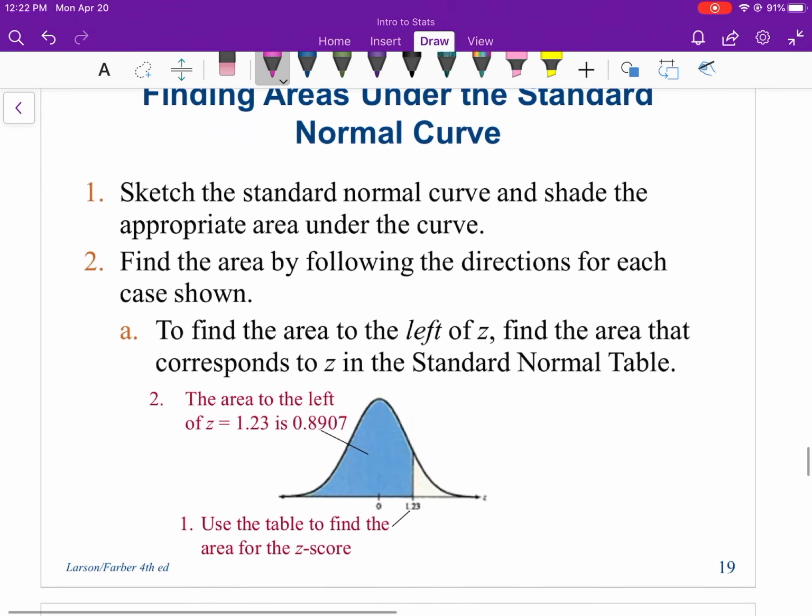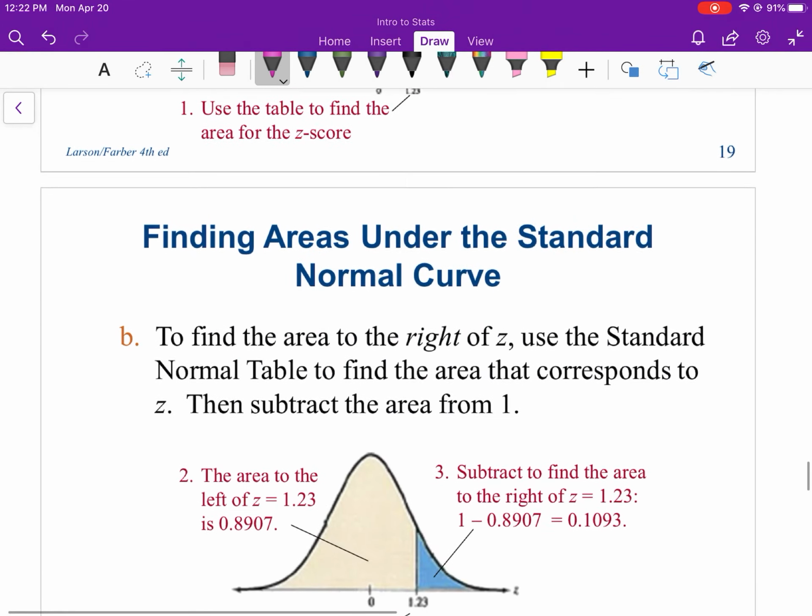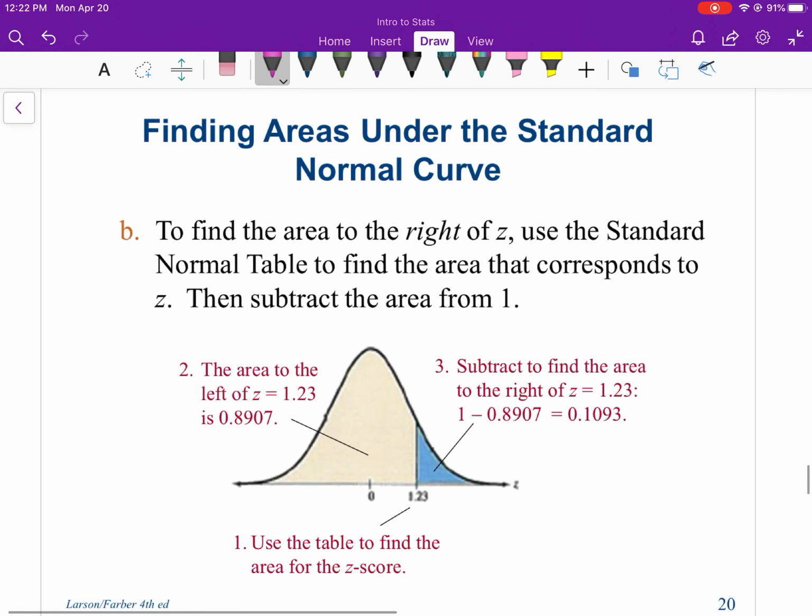So we've just reviewed how to use a table to find the area. Basically, if we're going on the left side of a z-score, that area is our answer. That's what this slide is showing you. However, if we want to go on the right side, we take our area from the left and subtract it from 1.